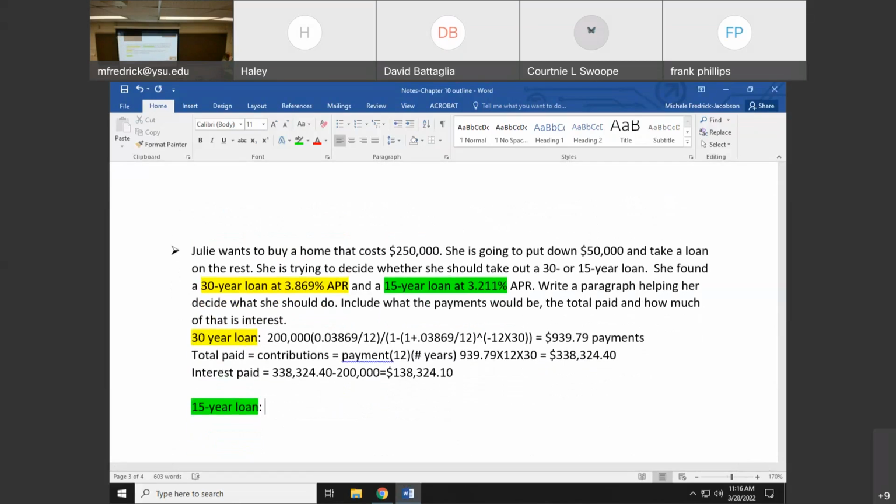It's still the 200,000, but then the interest rate changed. Also remember the -12 times y. Y is the number of years, so now it'll be a 15 instead of a 30 in the exponent.